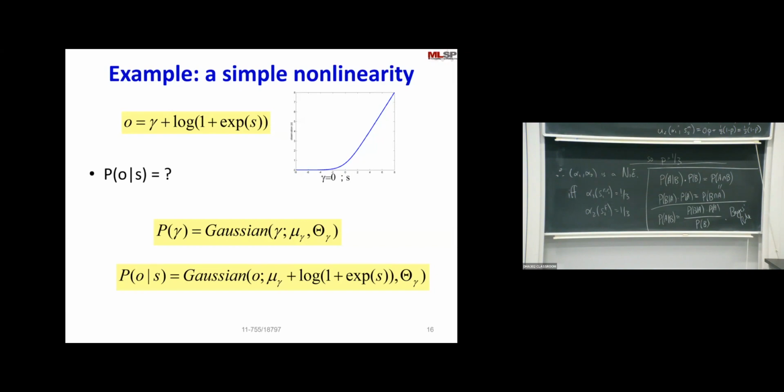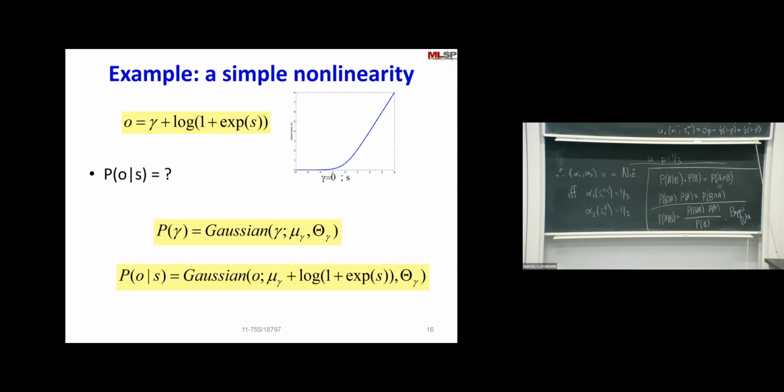So the probability distribution of O given S is simply going to be the probability distribution of gamma with the mean shifted by log of 1 plus exp of s. The mean mu gamma has been shifted by this amount, and the variance is the same as the variance of gamma, right?